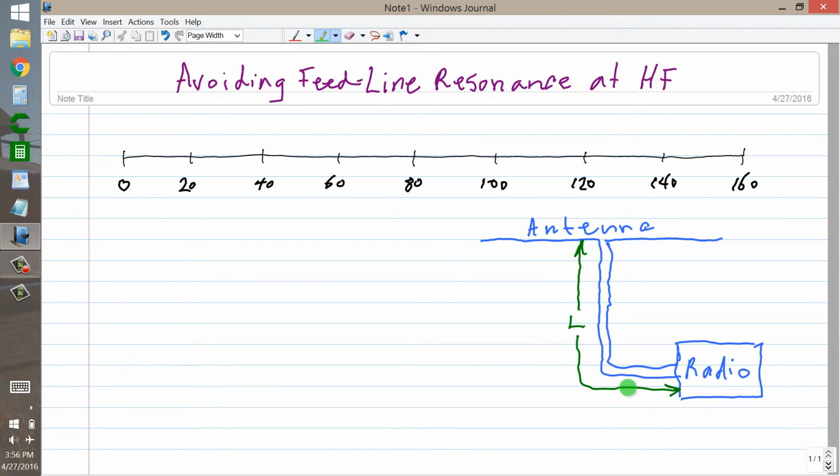When you calculate this length, or rather the lengths that you want to avoid, you should always use the formula that you would use as if it were a single wire. That is, for a quarter wavelength, the length equals 234 divided by the frequency.